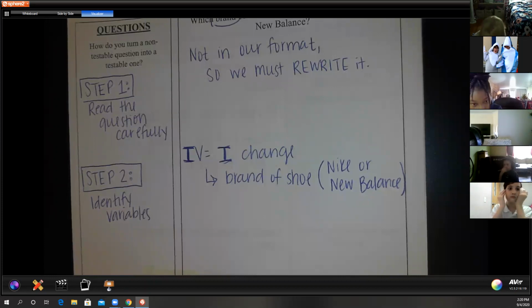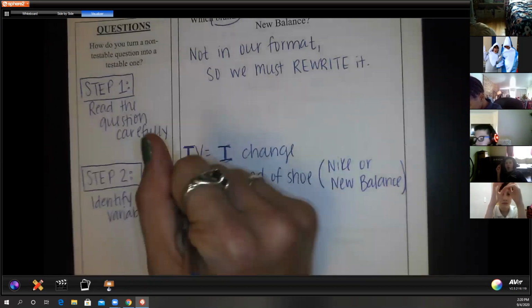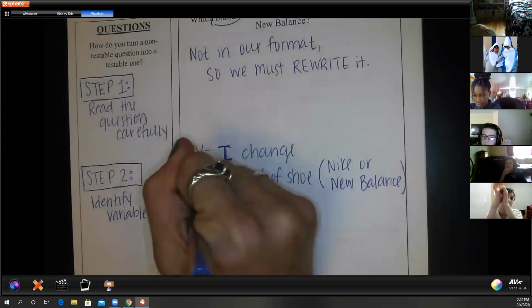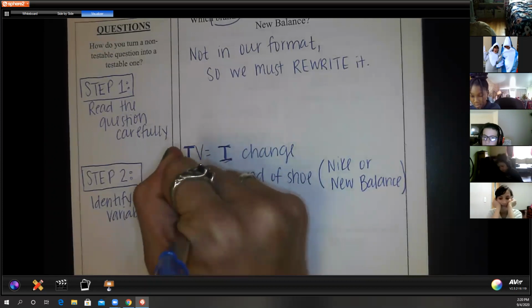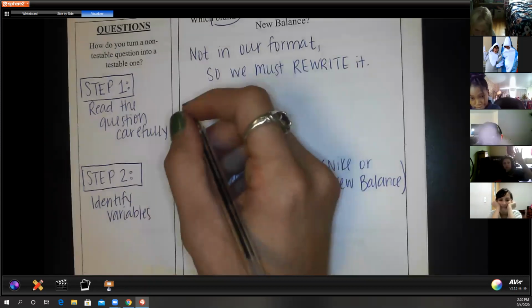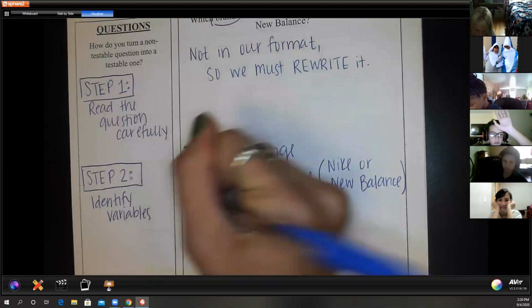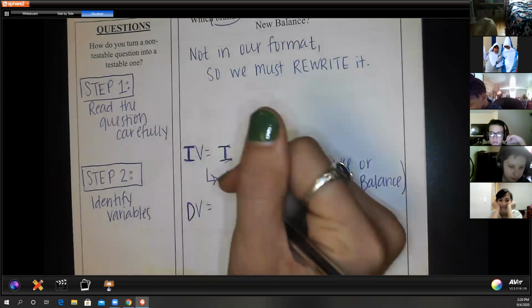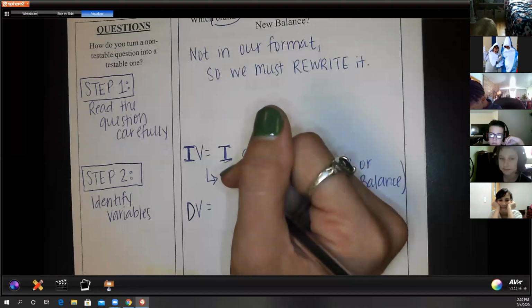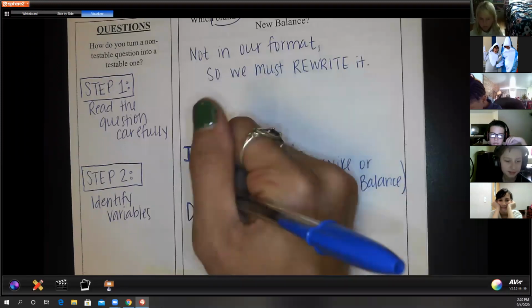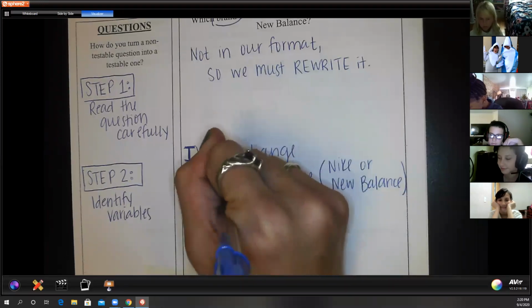What am I measuring that I can't change? What am I measuring? Joshua, the speed. The DV, the D stands for what? What does that D stand for, Bryson? Data. Data, perfect. The data.